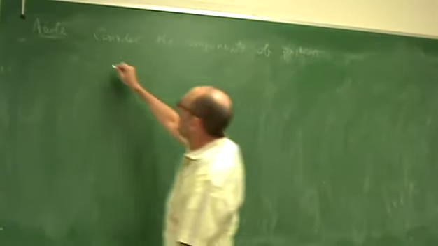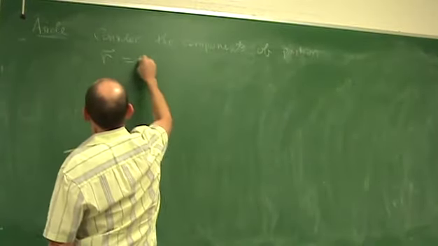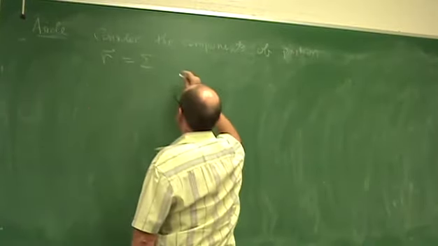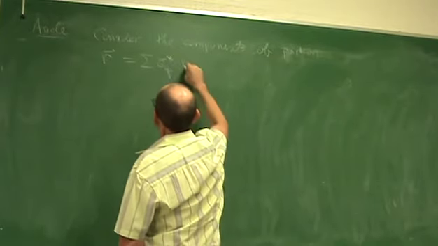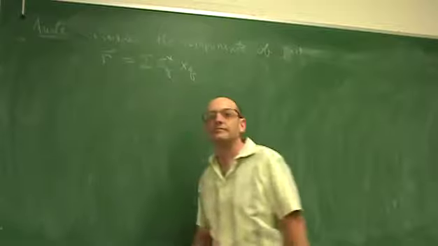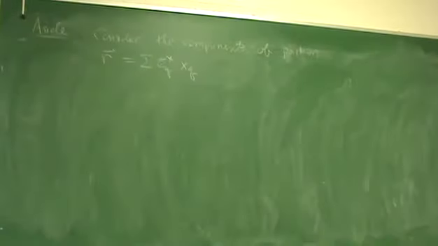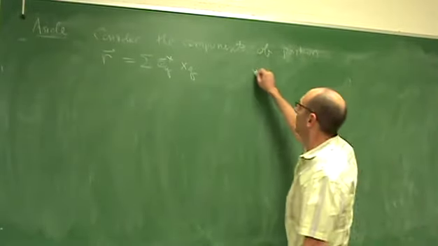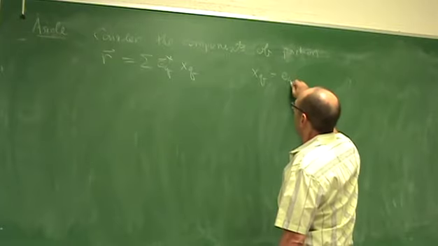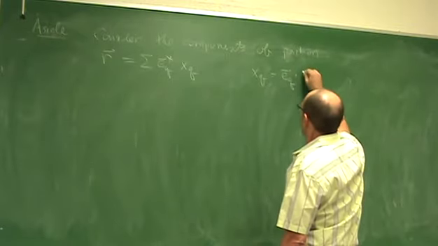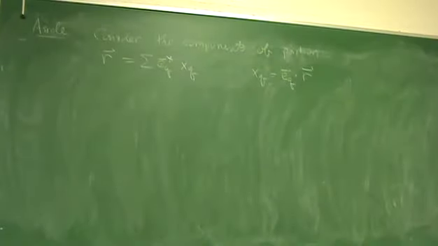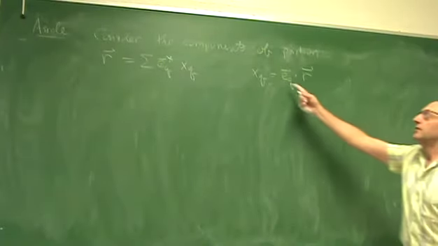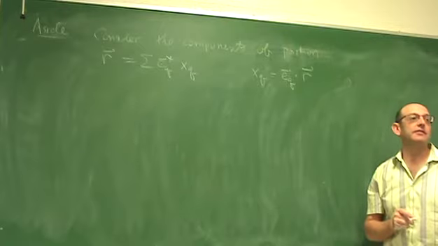So let's write r as e_q star x_q. Okay, so x_q here is the component of position with respect to this spherical basis.